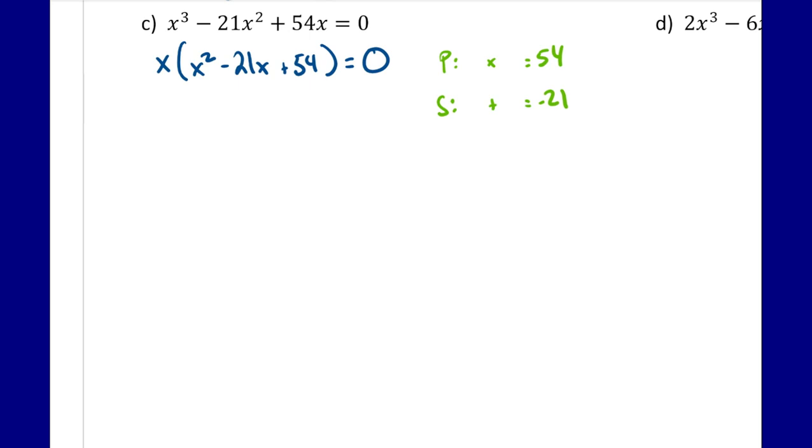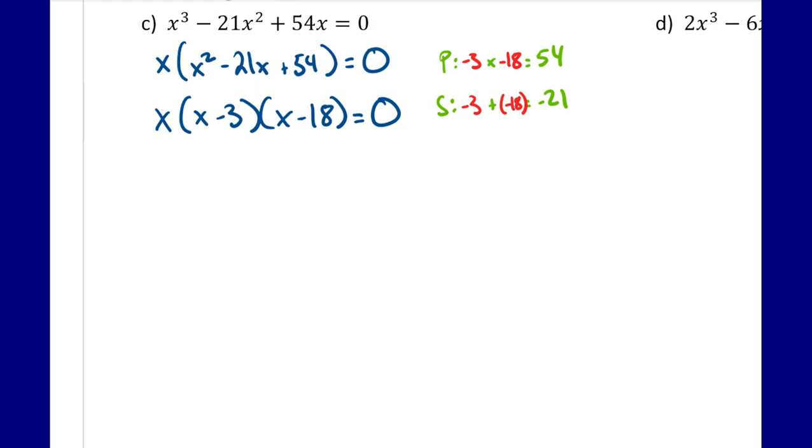Because they're adding to a negative but multiplying to a positive, I should have two negative numbers. In this case, I end up with negative 3 times negative 18. Negative 3 plus negative 18 is negative 21. So these two brackets become x minus 3, x minus 18, all set equal to 0.